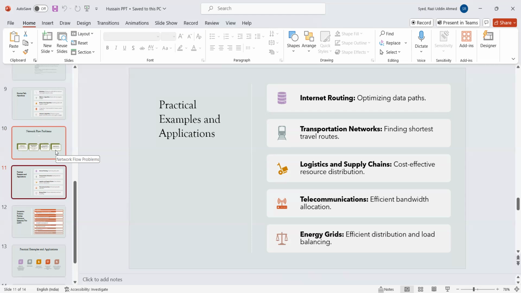In transportation networks, algorithms help in planning optimal routes for public transportation and finding the shortest travel routes. Logistics and supply chain algorithms are used to manage distribution networks for goods, for cost-effective resource distribution.